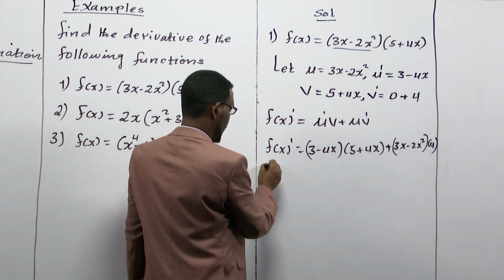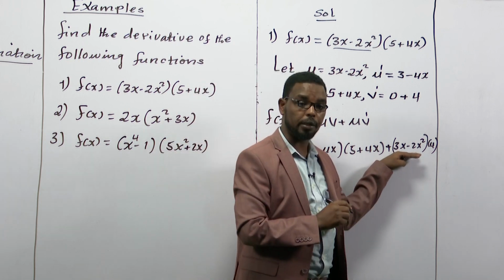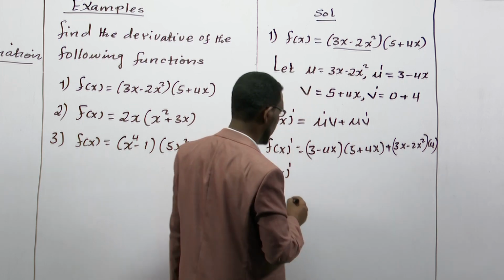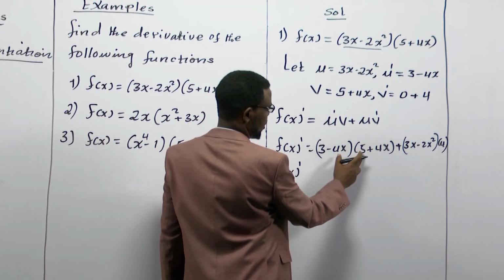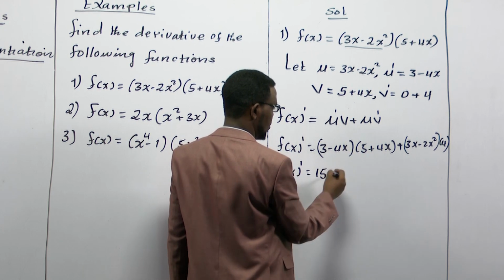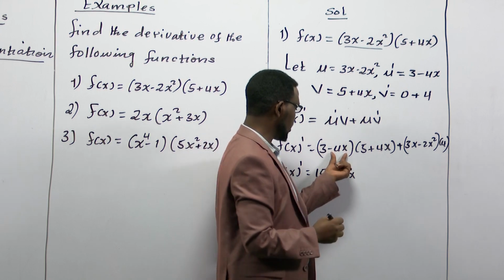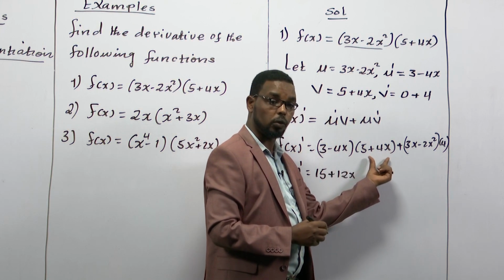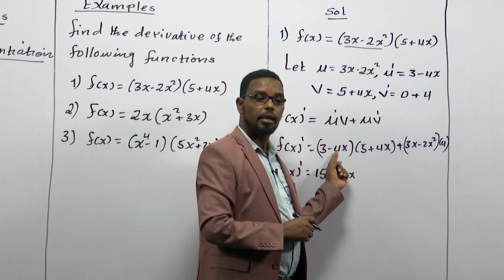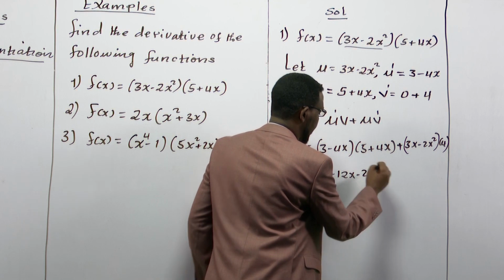Then for f of x prime, we should simplify this expression, then we will get the last result. 3 times 5 is equal to 15. 3 times 4x, 12x. Then minus 4x multiplied by all those terms: minus 4x times 5 is minus 20x.